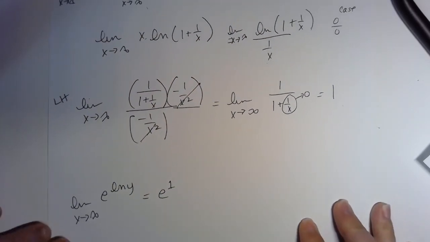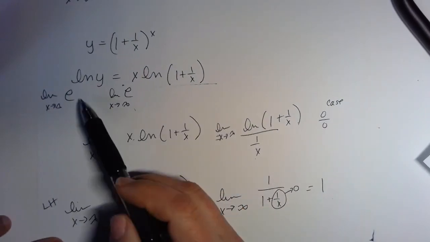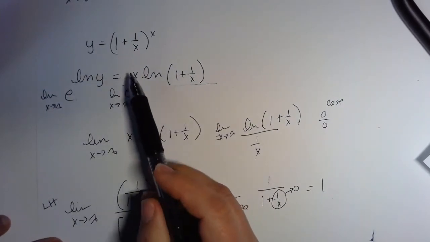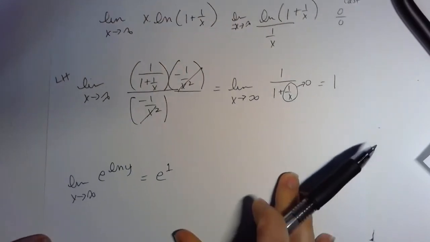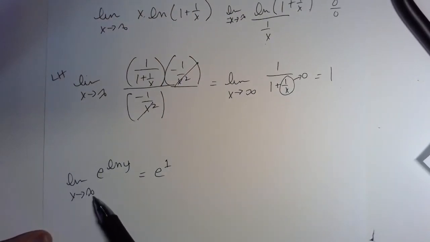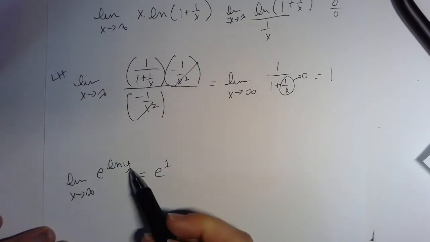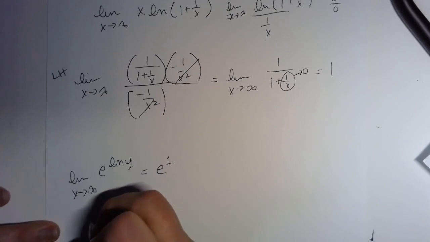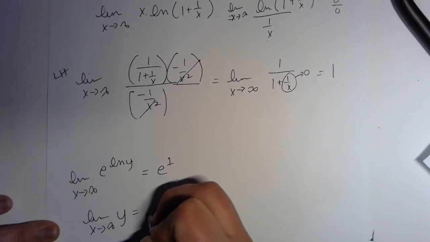So e to the ln y is equal to e to this power, and when we did the limit of this whole thing, we ended up with 1. Now the limit as x approaches infinity of e to the ln y is equal to e. And I know that e to the ln y undoes itself, and so I have the limit as x approaches infinity of y is equal to e.